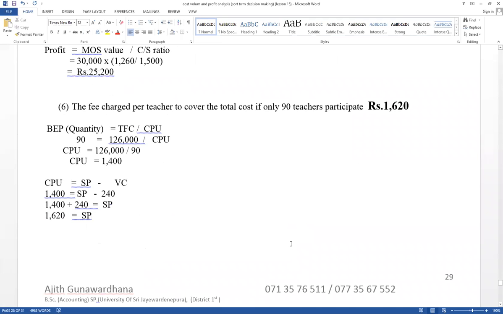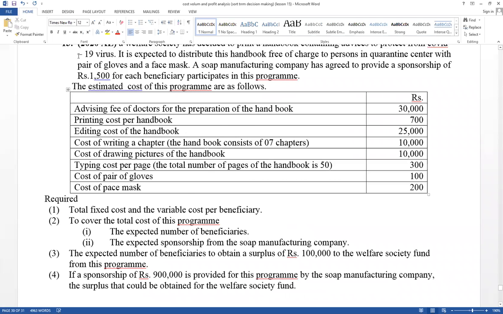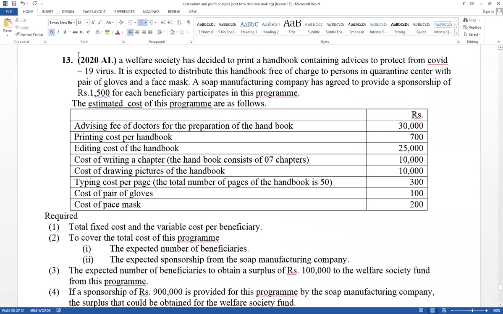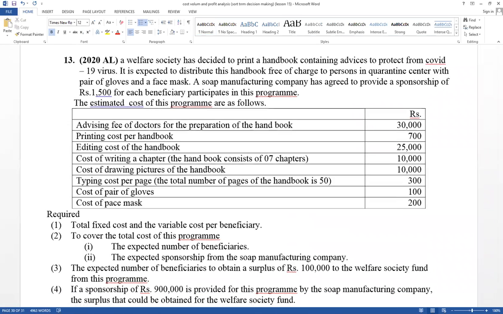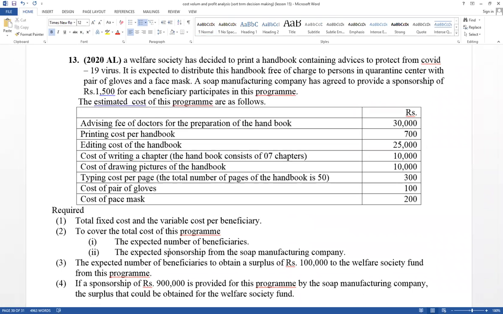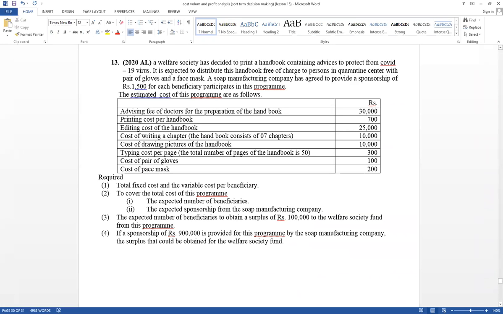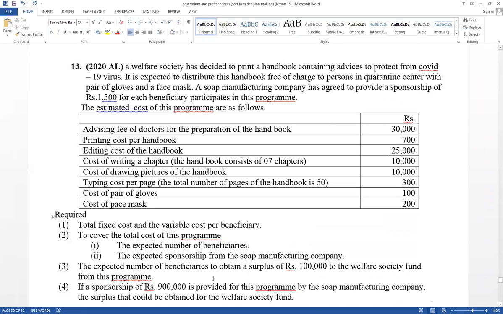Now think about this one. This is this year's paper. Read carefully. Try to recognize variable cost and total fixed cost. This is a paper. Read carefully, then think about the requirements.